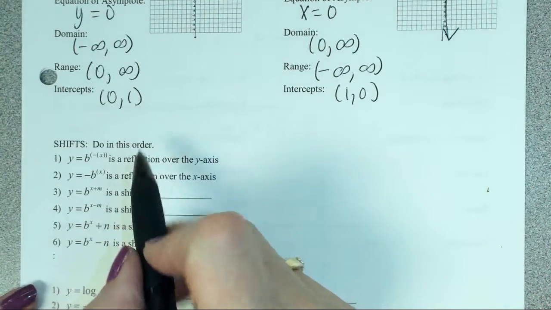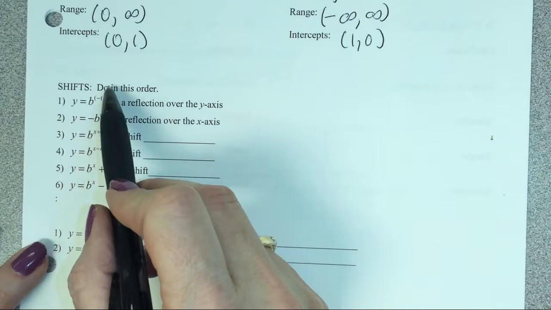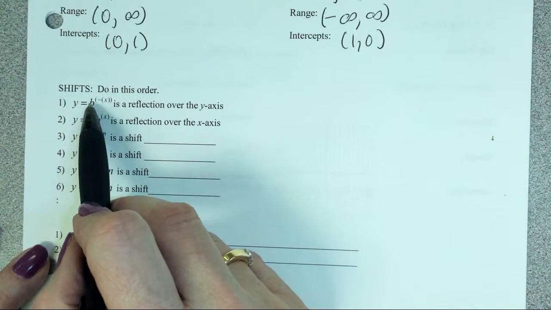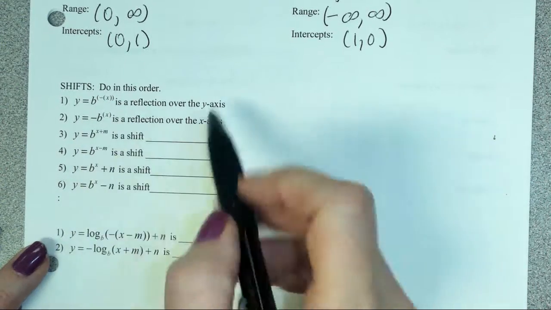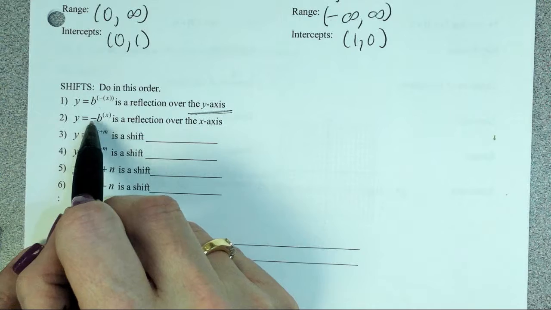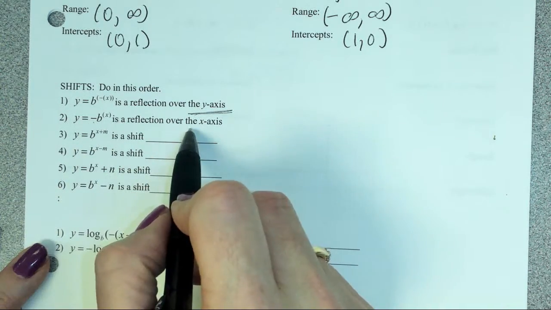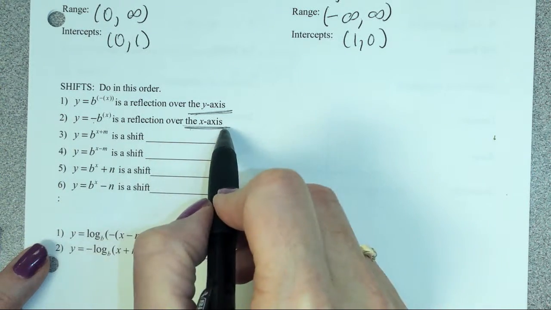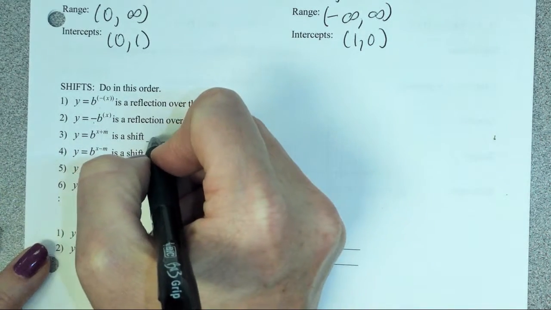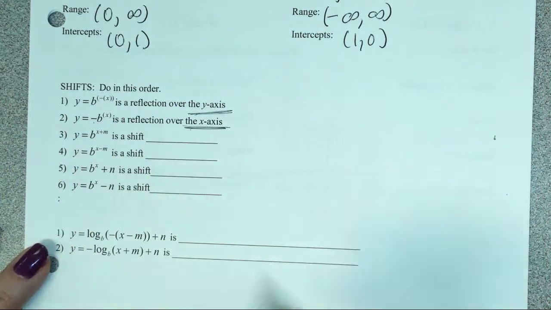All right. So now we're going to throw in the reflections. We want to do the reflections in this order for exponentials. B to the negative x is a reflection over the y-axis. It's the opposite. Putting a negative out in front is a reflection over the x-axis. If I have x plus m, that's going to be a shift. Do you guys know? It is left.